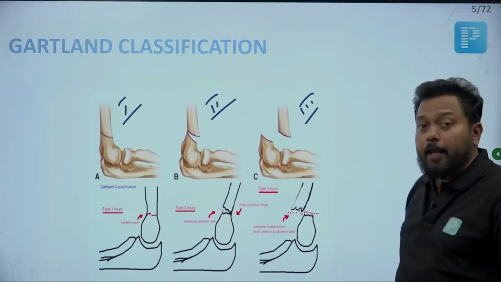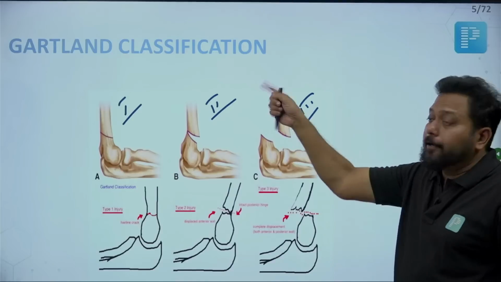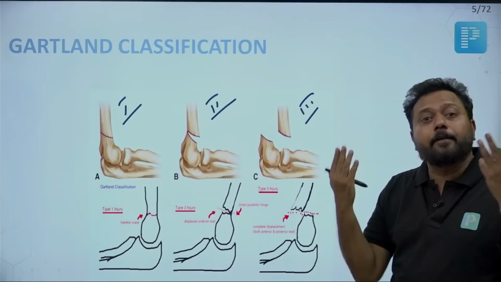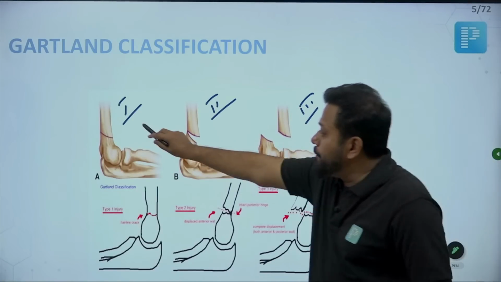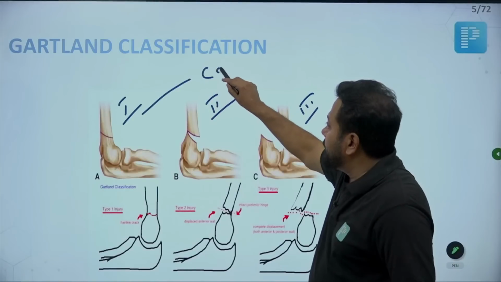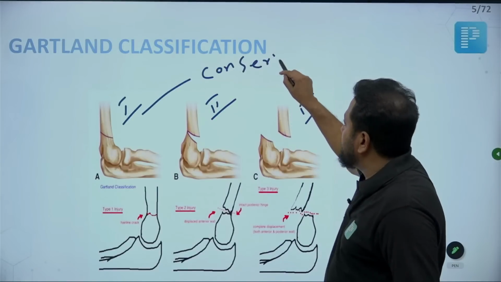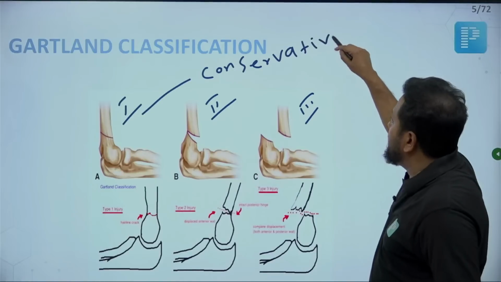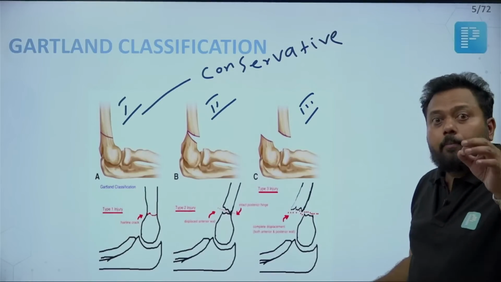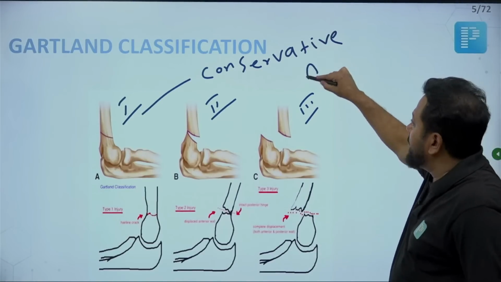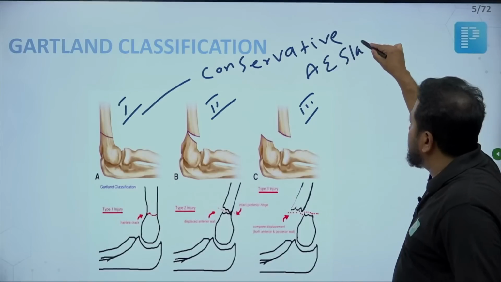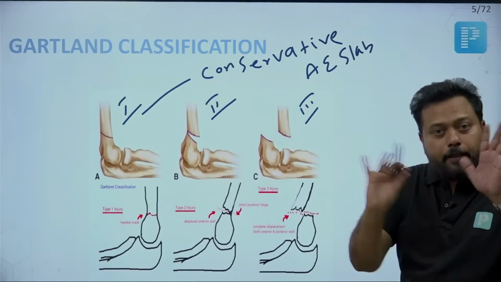What is the significance? Only when you know the Gartland classification can you treat a child. For type 1, treatment is conservative. Conservative means just an above-elbow POP slab, AE slab. This is the treatment of choice for type 1, no surgery.